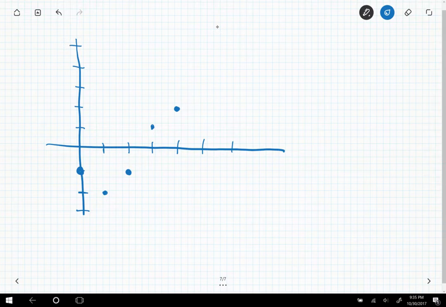Now obviously this is going to lead to some different answers. Let's drop that down to right here. So let's say this is your curve.